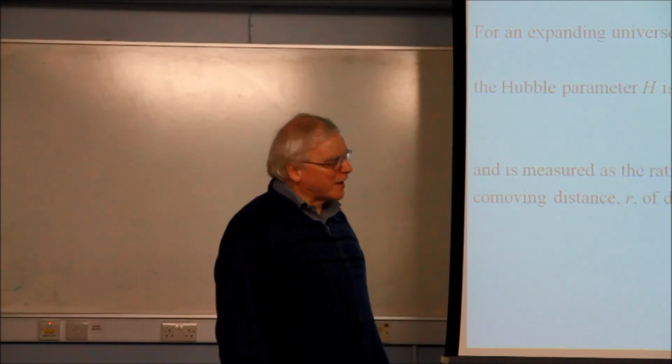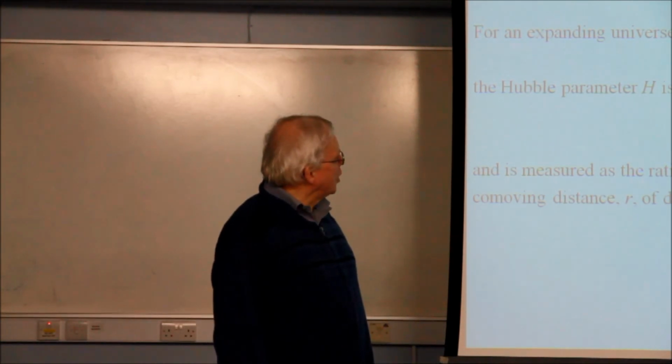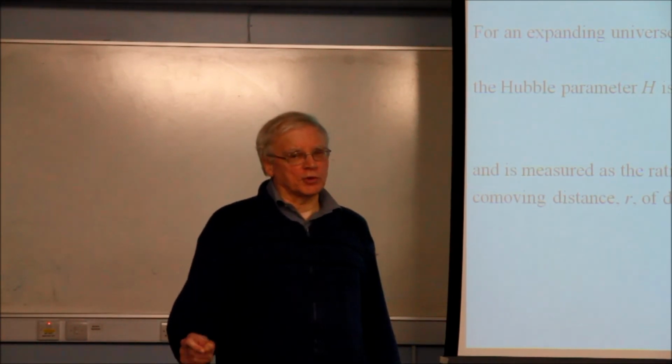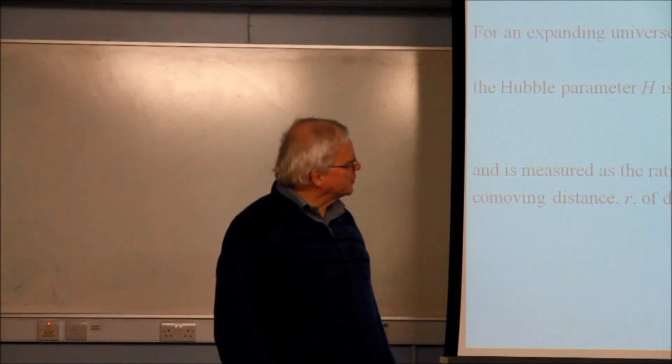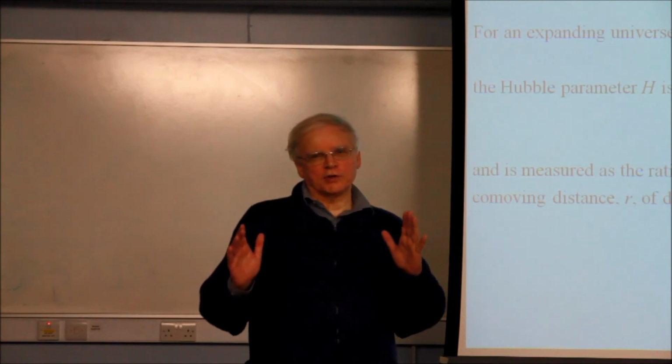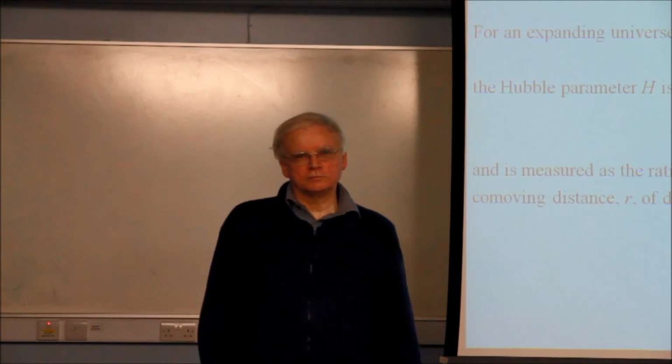So if we've got a scale factor r, some distance value, some length, then the Hubble parameter, this isn't the Hubble constant, it's the Hubble parameter, is defined as the normalized rate of expansion. So that's going to be H equals the velocity r dot over the distance r.